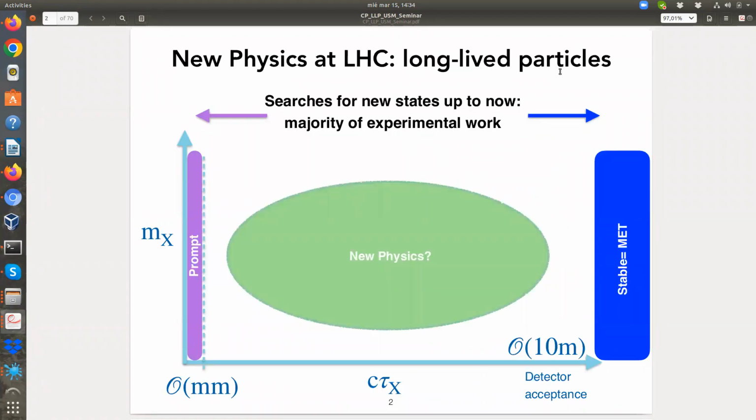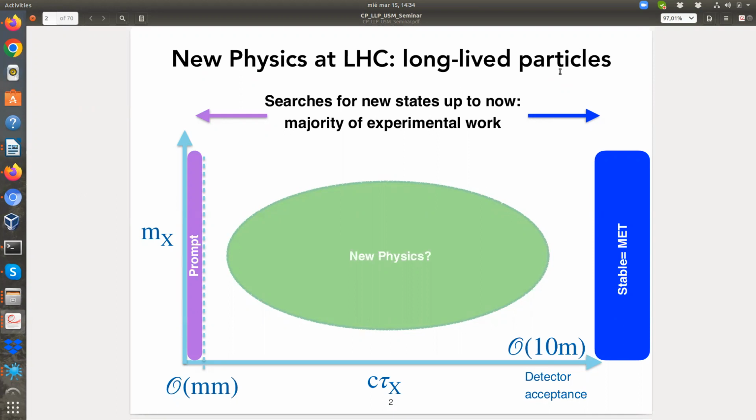So let me try to introduce to you now why long-lived particles are interesting from the physics point of view. So at the LHC, we try to probe new masses, and this is the y-axis, and we have the highest energy collisions today, so we can probe higher masses in general.